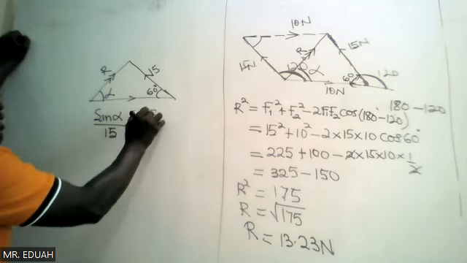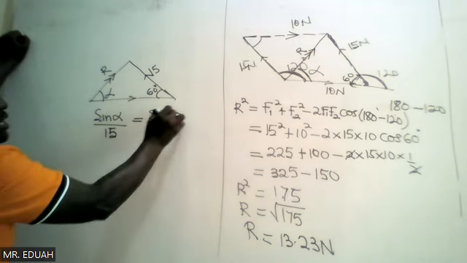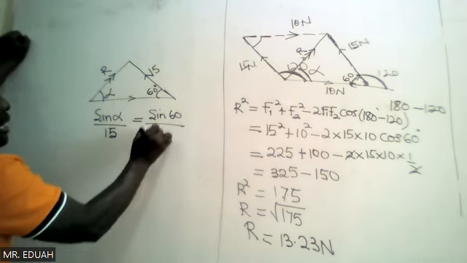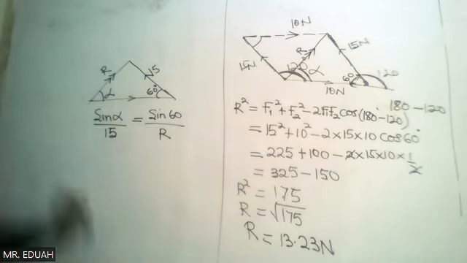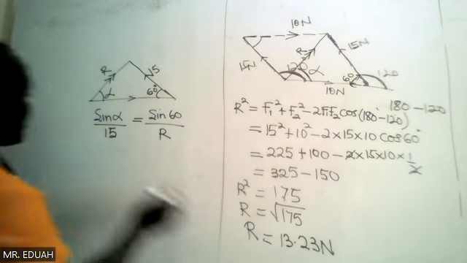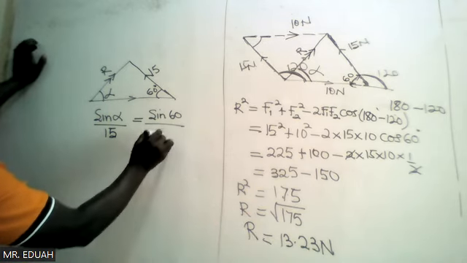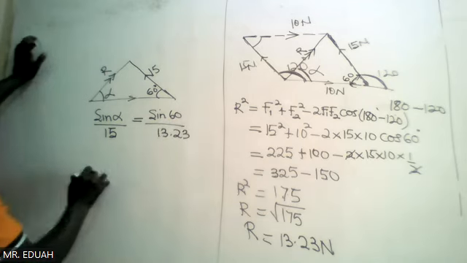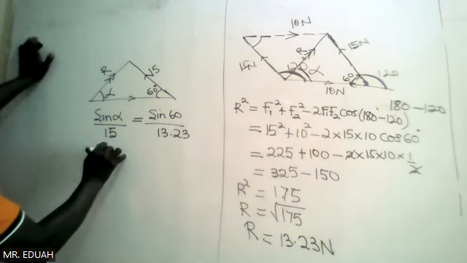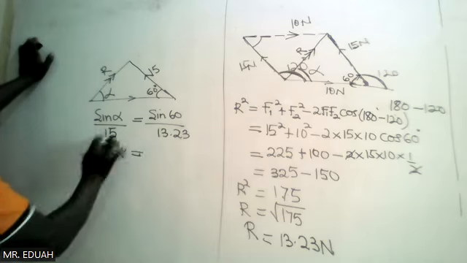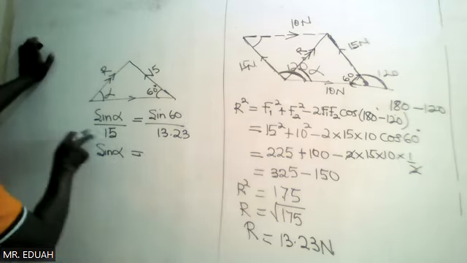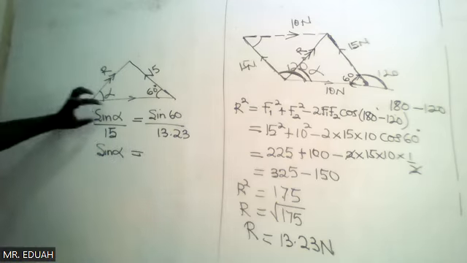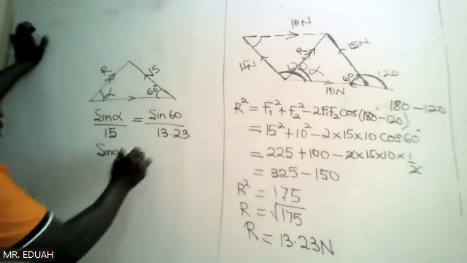It's equal to sine of 60 divided by R. R is this. So you can clear this and put 13.23. Therefore, sine alpha is equal to, when you multiply 2 by 15, you eliminate this and then have only sine alpha at one position.